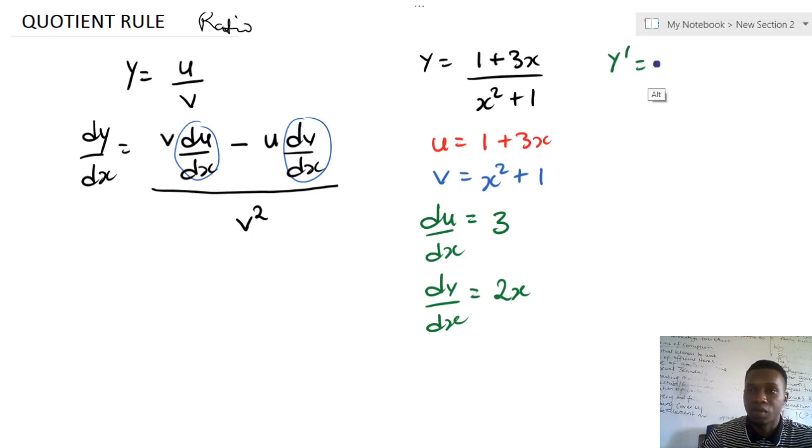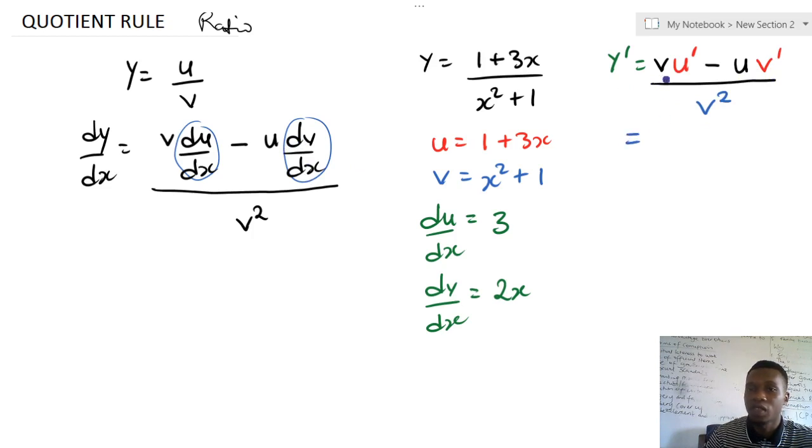But for my u, it will be u prime, because this is u with respect to dx. It's like saying du dx. Next one will be minus u, which will still be the same, multiplying my v, which will now change to v prime. And everything will be all over my v squared.